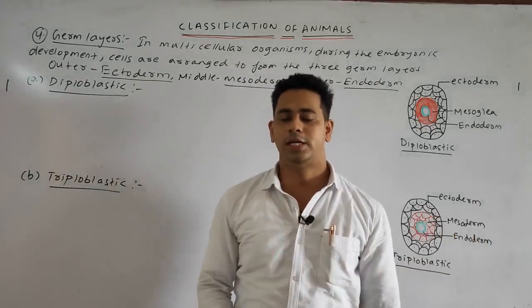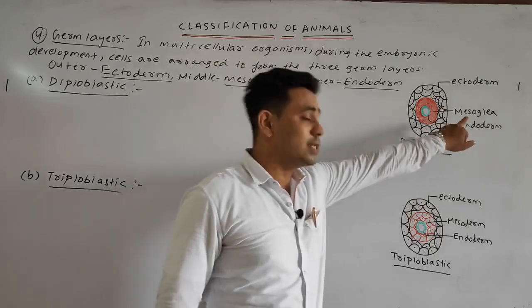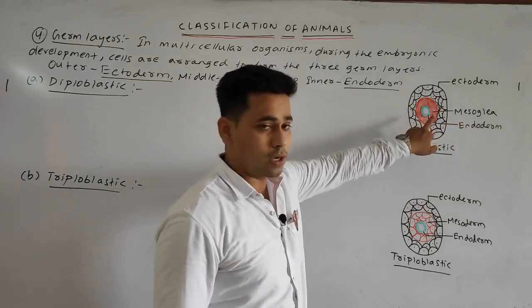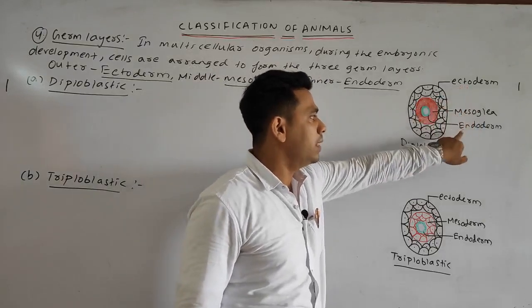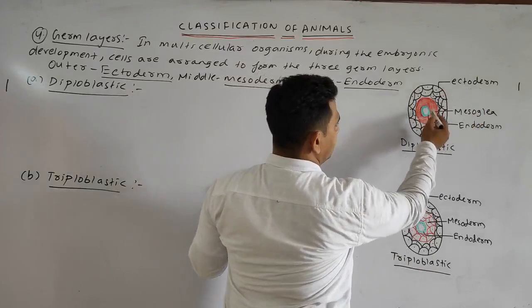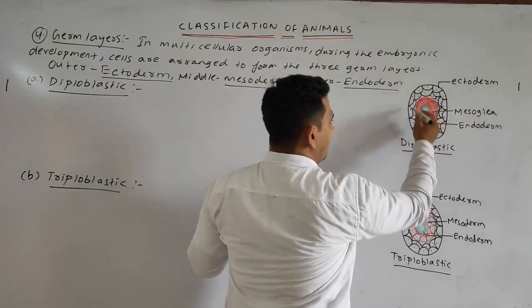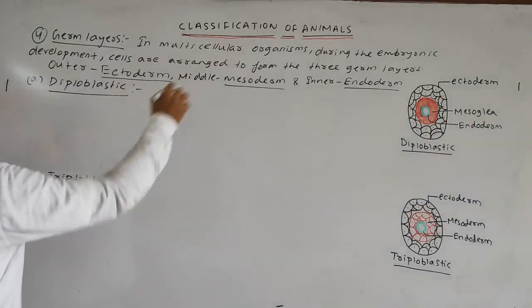It is an undifferentiated layer, that is your mesoglea, which I have drawn in red color. It is present between the outer ectoderm and the inner endoderm. Here we can see the outer one is your ectoderm, the inner green color is your endoderm, and the middle undifferentiated layer is your mesoglea.